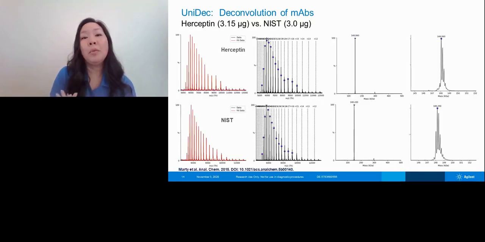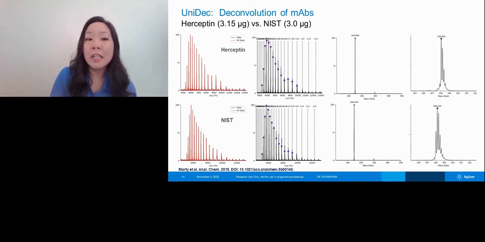And so what we did was went ahead and used UniDec, which is a free software platform by Dr. Michael Marty. And it is a great platform for native MS because it does help with the deconvolution. It does have some great features where it also annotates a lot of the charge envelopes.